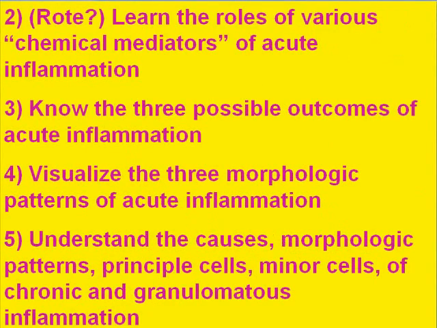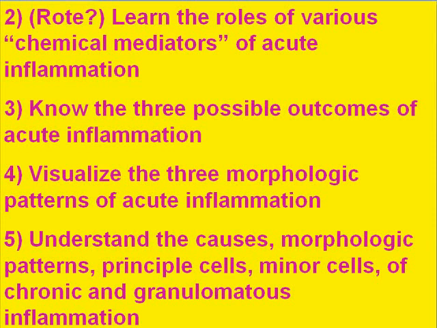We're going to talk about the role of various chemical mediators in kind of a rote-like fashion because they don't always fit in with the sequential flow of the plot. We're going to talk about the 3 possible outcomes of acute inflammation, which is complete resolution, chronic inflammation or scarring, which is also called fibrosis.